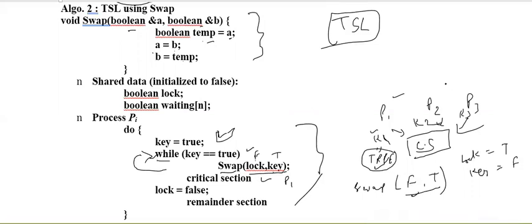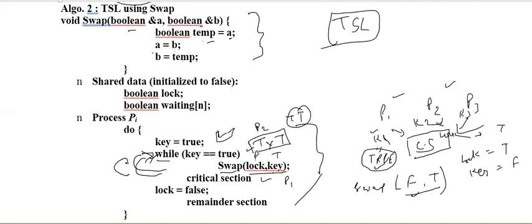Now suppose P2 arrived. P2 is saying that key is true. It moves to the lock, but lock is common, and lock is currently true. So true, true, that is for P2. And if both are true, after swapping they will be true and true again. Hence, whenever it moves further, key is again true. There is no change.